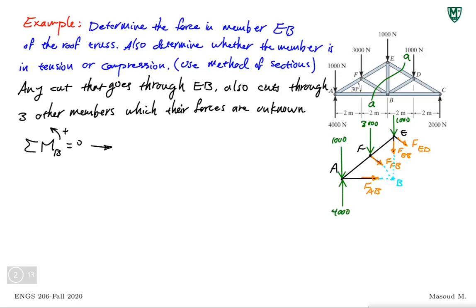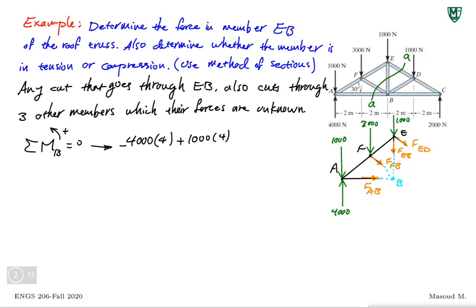So I'm finding moment about point B. At this point, you should be very comfortable with this. 4,000, pretty bad handwriting, 4,000 multiplied by 4. Right, that upward force, and the direction is this way, so it should be negative. 1,000 is there, so 1,000 multiplied by 4 also, and the direction is positive.